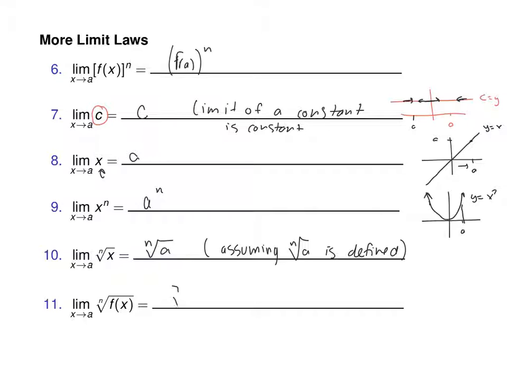And this one is the nth root of f of a. As long as there's no funny business. And by funny business in general, I mean division by 0, rooting negatives, stuff like that, okay? So as long as no funny business, plug in the number. That's what limits are. And the whole no funny business means the function actually is a smooth curve, or what's called a continuous curve at that point.